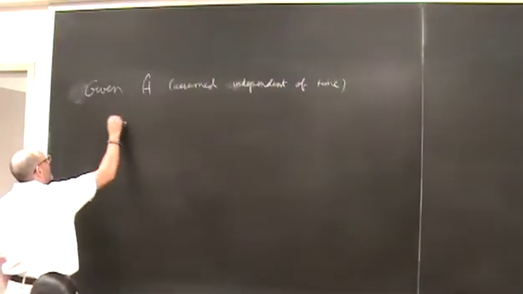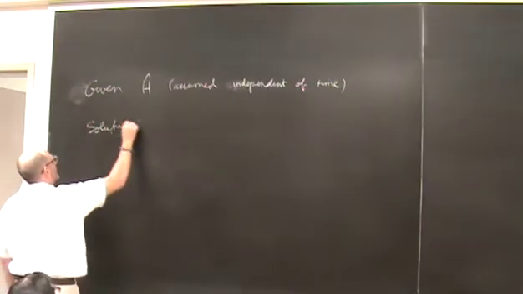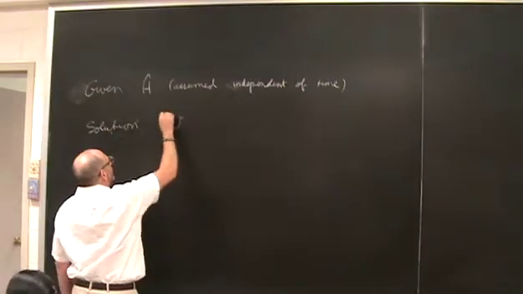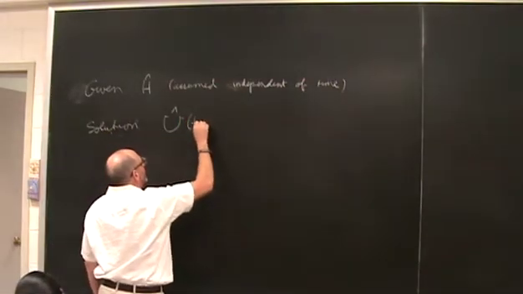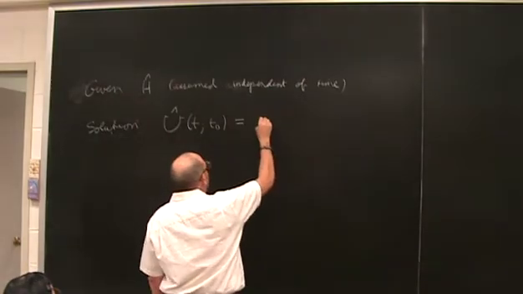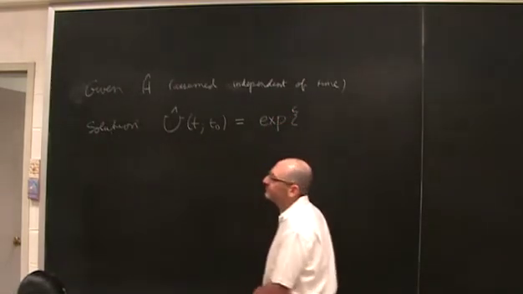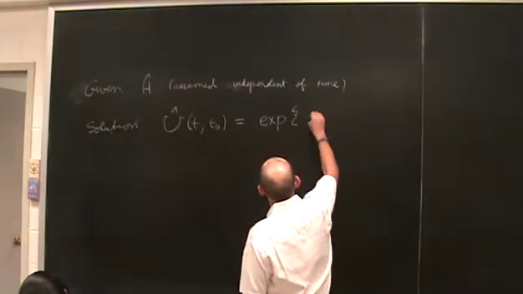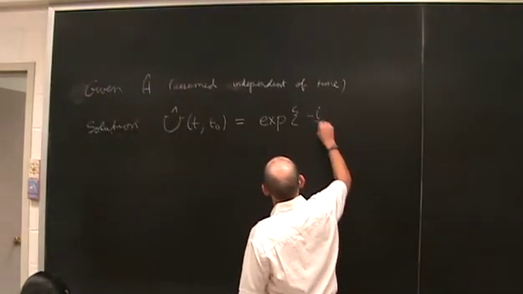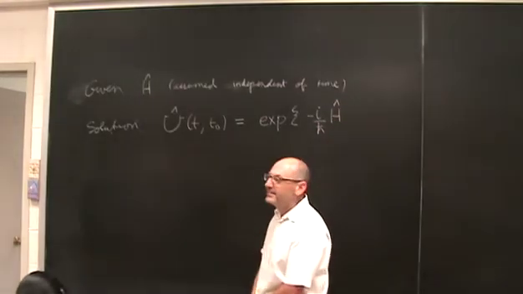So the solution, u, is equal to the exponential of what? Negative i over h bar, the Hamiltonian operator, times t.